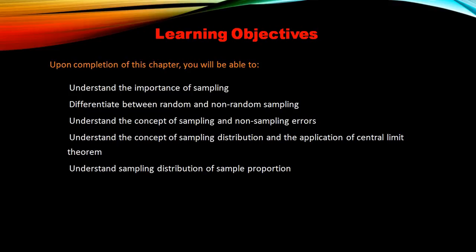The last two objectives would be covered in a different video, which would be a sequel to this video. So primarily in this video we'll be focusing on the first three objectives, that is understand the importance of sampling, differentiate between random and non-random sampling, and understand the concept of sampling and non-sampling errors. Let's move ahead.